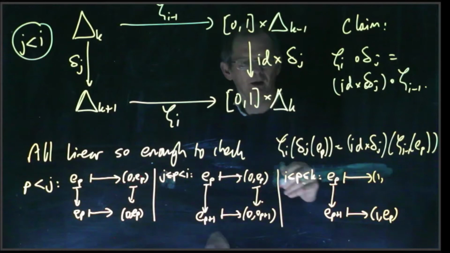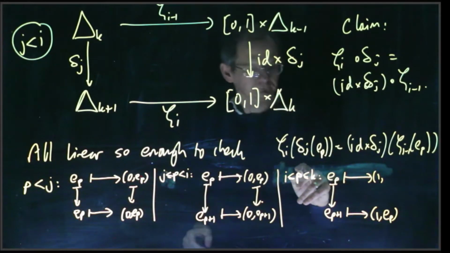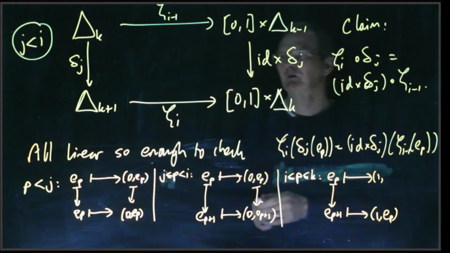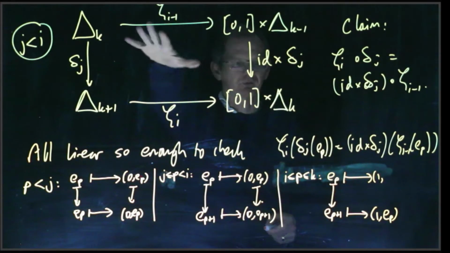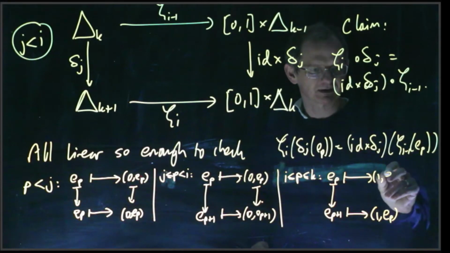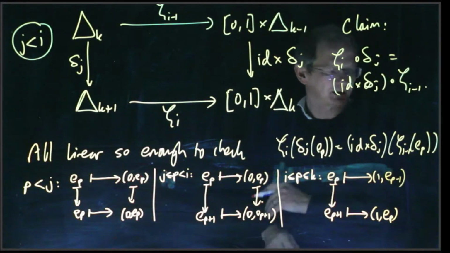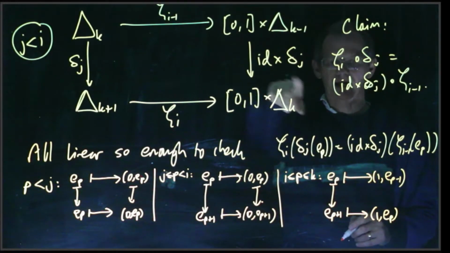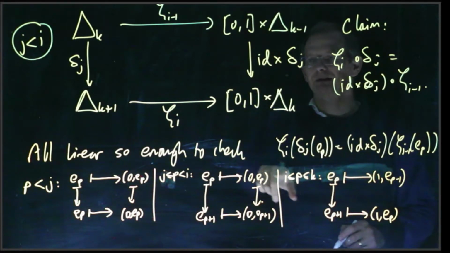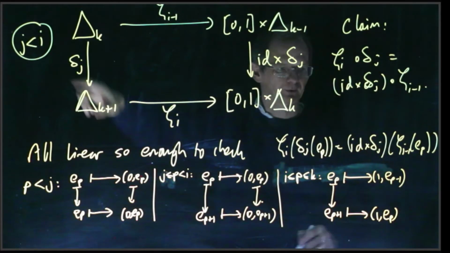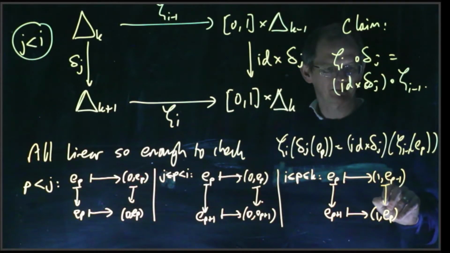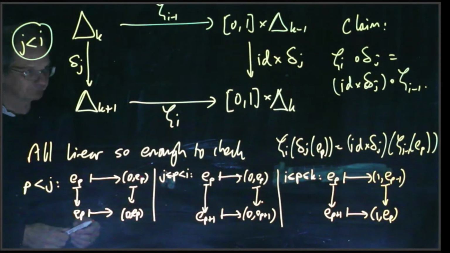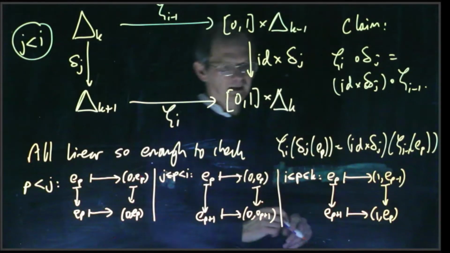Because, like I say, when we do the zeta I minus 1, EI minus 1 gets repeated, so the indices get shifted left by 1. This is 1 EP minus 1 under that zeta. But then you do the delta J, and J is going to be less than or equal to P minus 1, and so the EP minus 1 gets shifted by the delta J, and we go down to there.